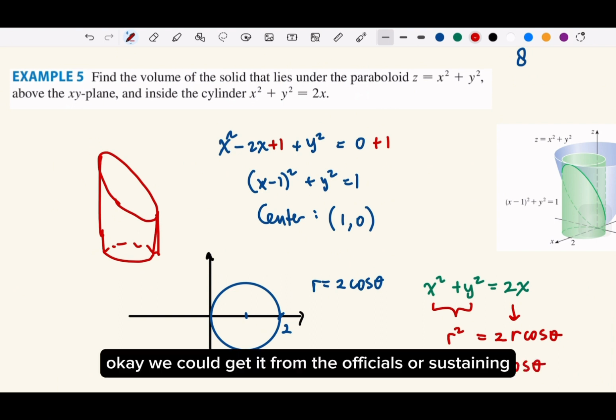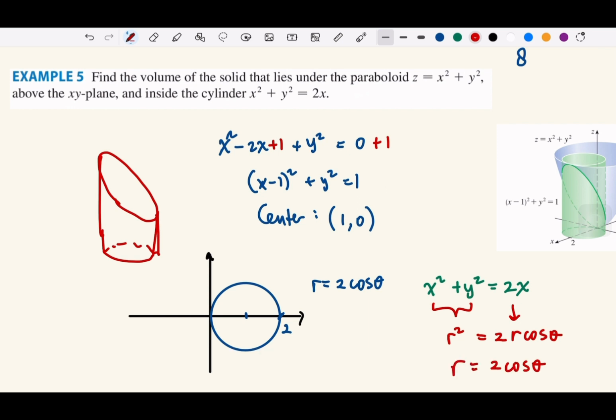We could get it from the visuals or just by converting to polar.